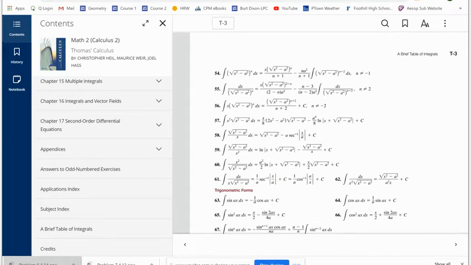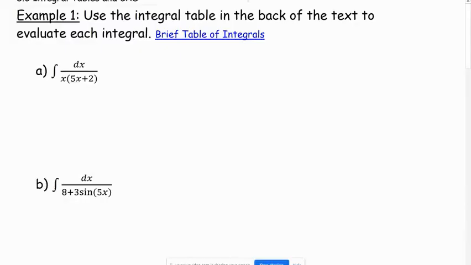This one, if I expand it, would be 1 over 5x squared plus 2x dx. I can look in the table of integrals for one that looks like that, or possibly in the original format.